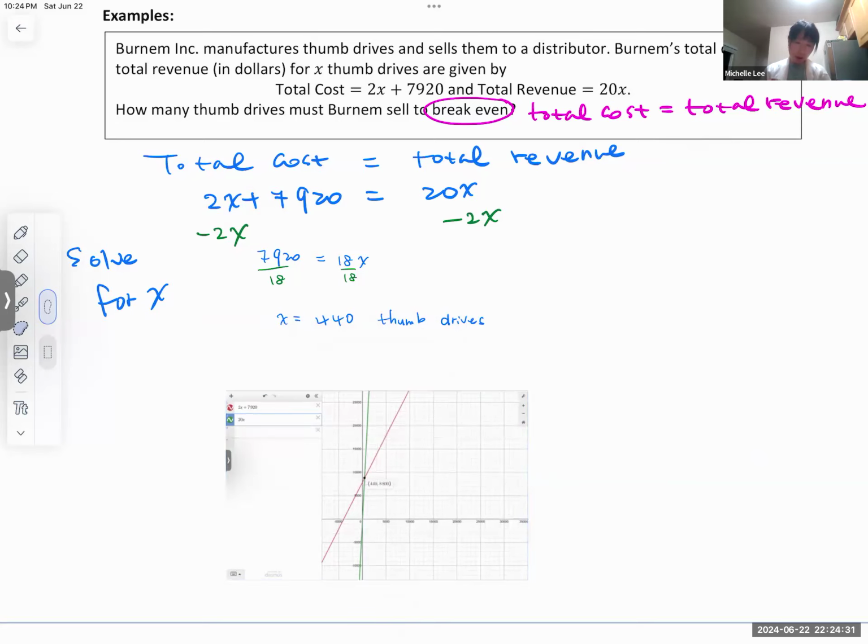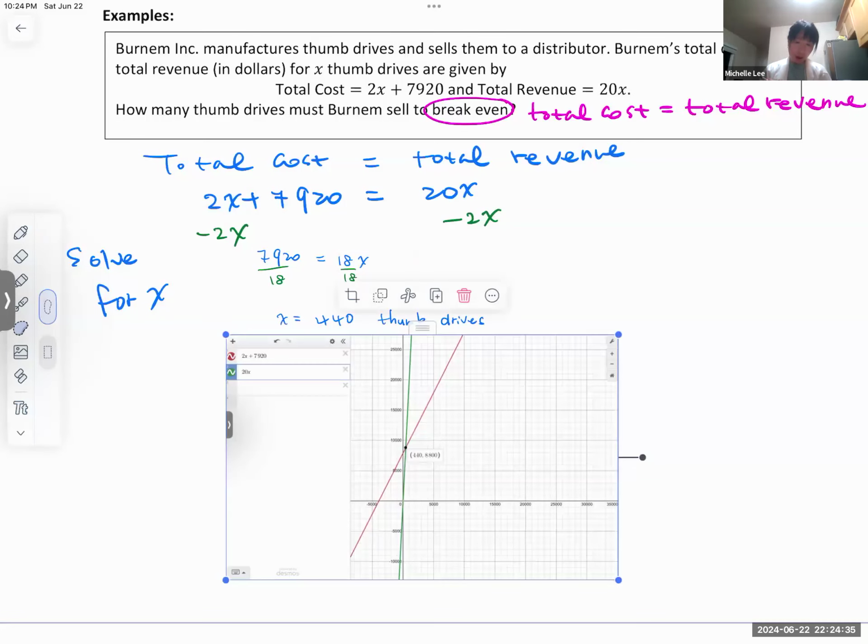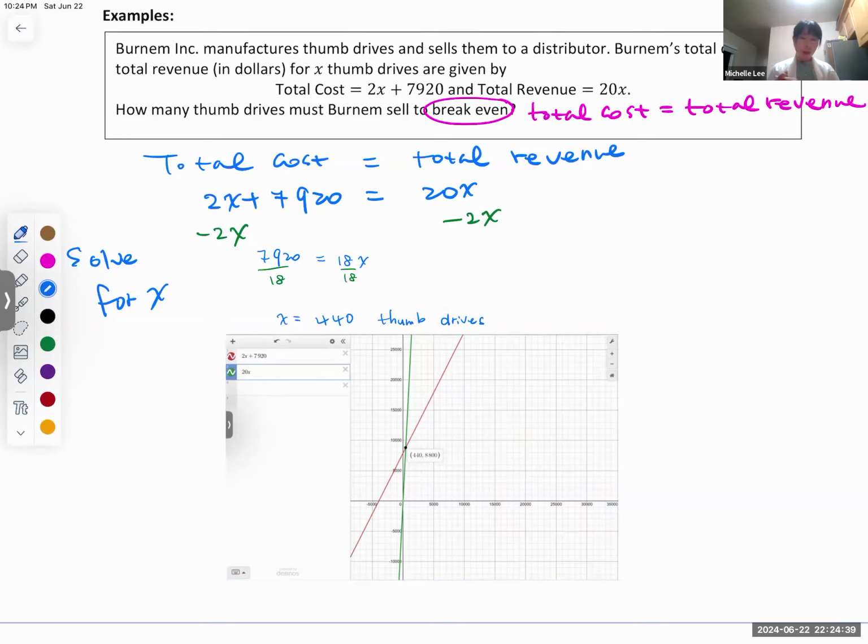All right, so I want to explain to you this one. This is a break even, right? So it means that where total cost is the same as total revenue, right? So in that case, they don't have a profit, they don't have a loss, right?